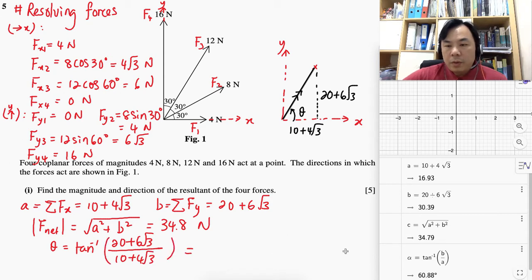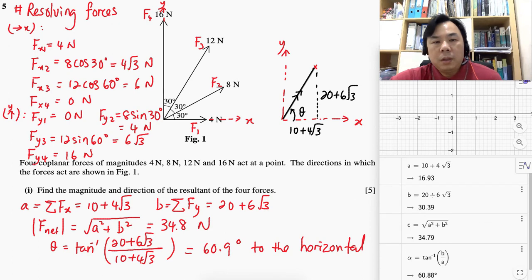And then there you have it. We have already calculated that before. So 60.9 degrees to the horizontal. Okay, so I hope that's clear. These are the two methods that you can apply to work with the resultant force here.